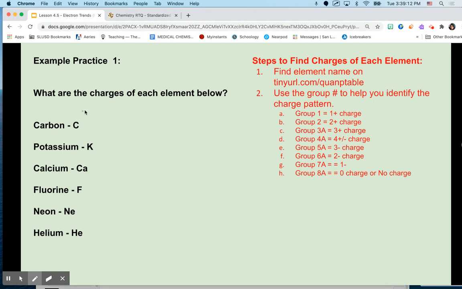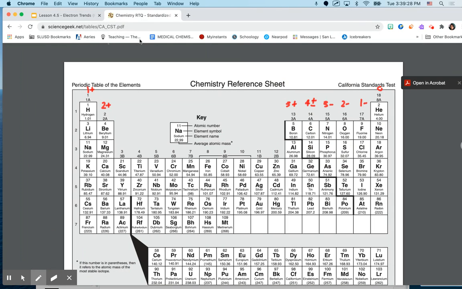Okay. So what are the charges of each element below? Here, I'm going to look for carbon again, and then I'm going to find its group number, and that will let me know the charge. Let's do this in different colors so you can see that I'm working on this problem. Carbon, as before, is right here. It is in group 4A. So what is the charge going to be?